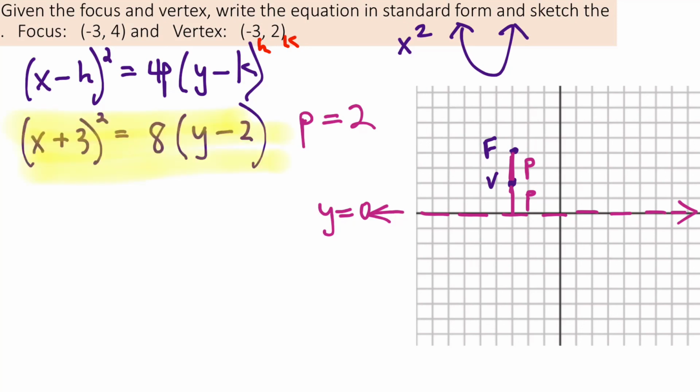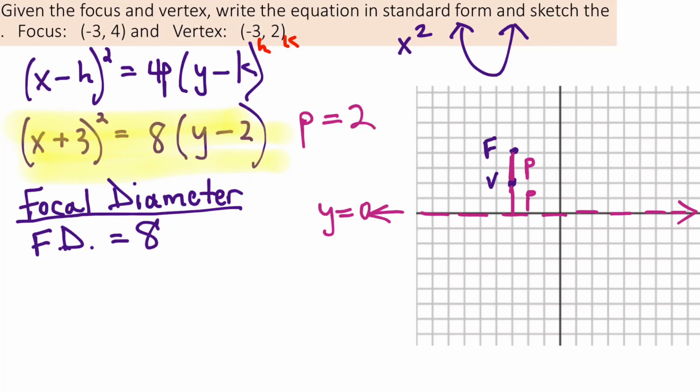Let's get the 2 points at the ends of the focal diameter. So the length of the focal diameter is this number here, which is 8. So half of 8 is 4, of course.